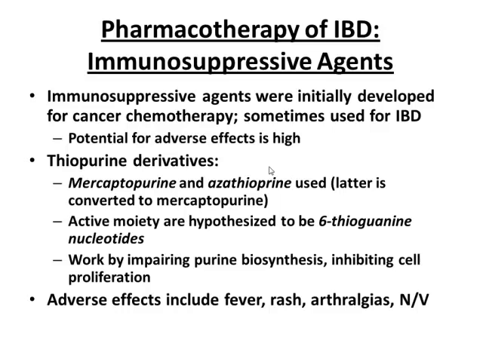And these guys work by impairing purine synthesis. So you're going to essentially screw up the DNA, RNA production, and inhibit cell synthesis. Adverse effects with these guys, obviously there could be a lot: fever, rash, paralysis, etc. So essentially you're interfering with the genetic machinery to try and stop what's going on in the bowel.